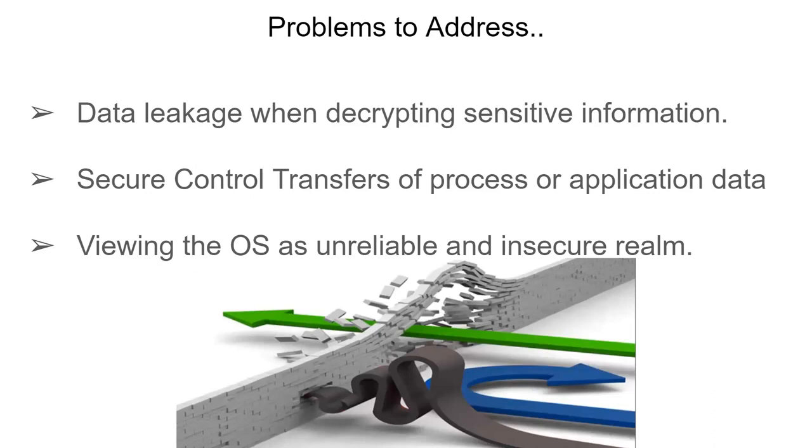And this idea again of viewing the OS as an unreliable and insecure realm. So on data leakage, sensitive information such as cryptographic keys stored in memory can be read, especially with privileges of the operating system, which makes it essential that a system with ambitions such as Overshadow have countermeasures to enable some sort of medium where sensitive data can be stored and prevent it from being leaked during transfer.